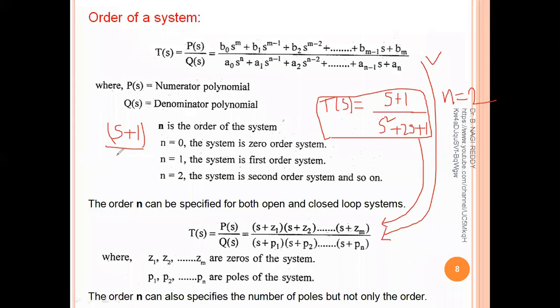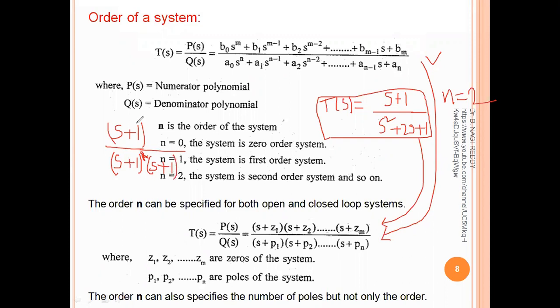If I factorize this, I'll get s plus 1 whole square, or we can also write s plus 1 into again s plus 1.